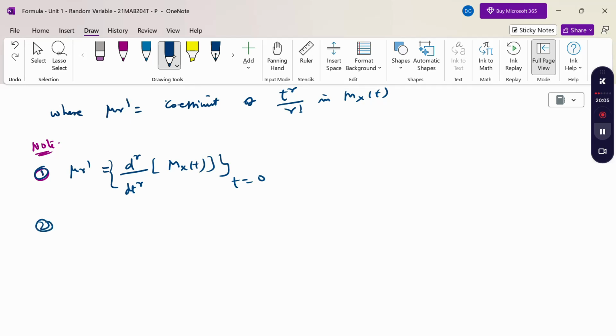Then the moment generating function of cX, M c x of t, equal to M x of ct. And the moment generating function of X minus a, equal to e power minus at M x of t. So these are some notes for finding the moment generating function.